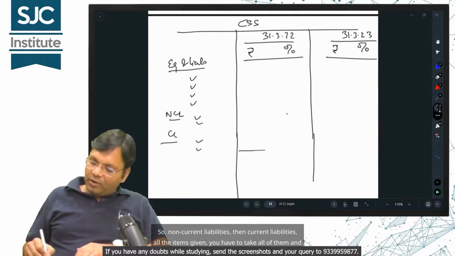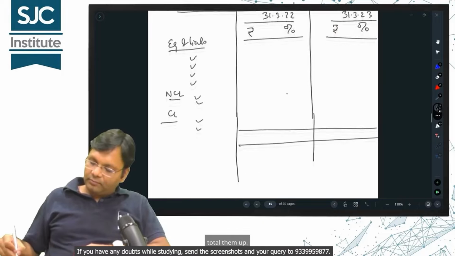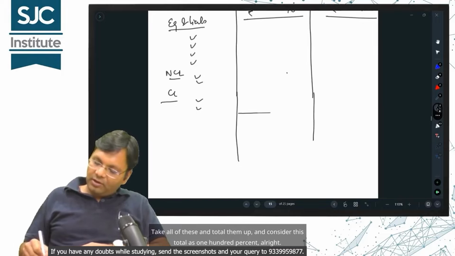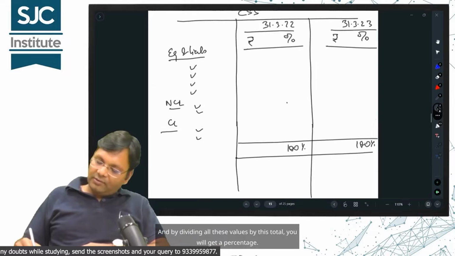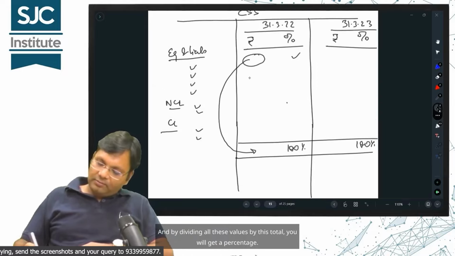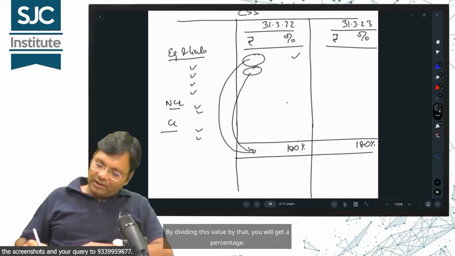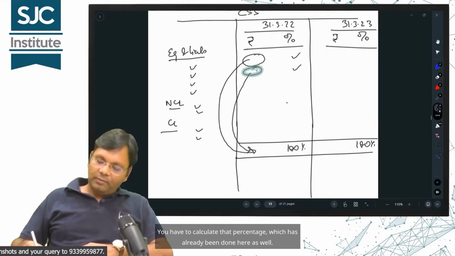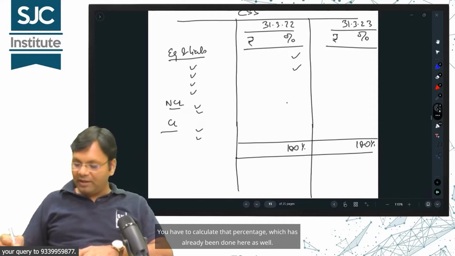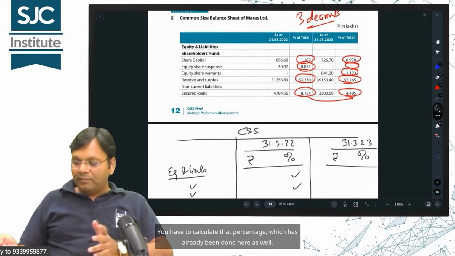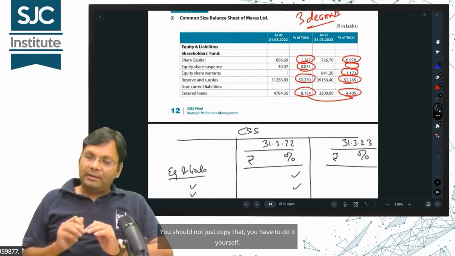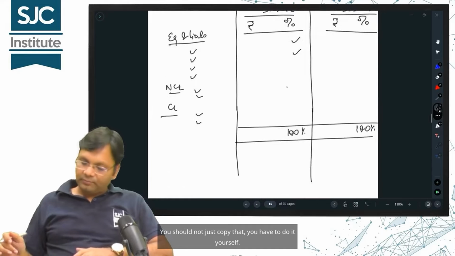You have to take all of them and total them up and consider this total as 100%. And by dividing all these values by this total, you will get a percentage. You have to calculate that percentage, which has already been done here as well. You should not just copy that, you have to do it yourself.